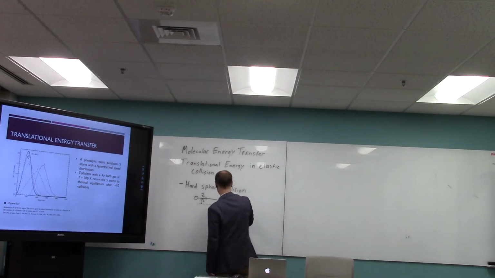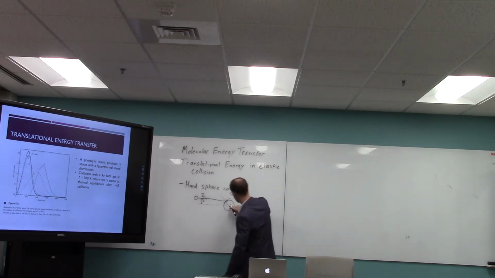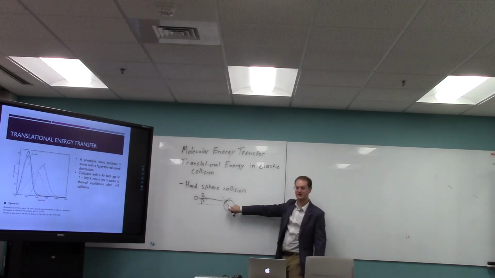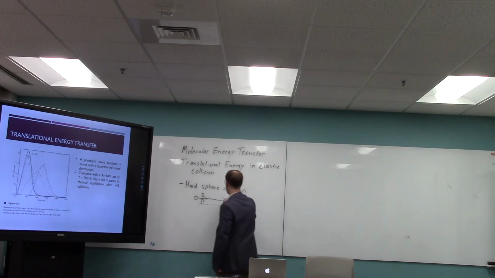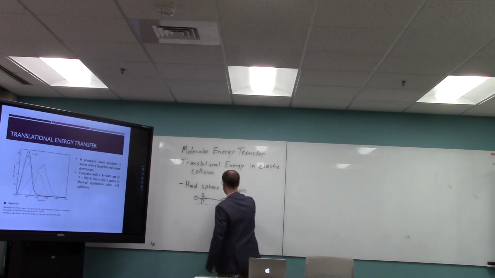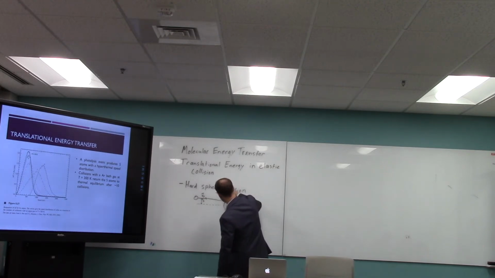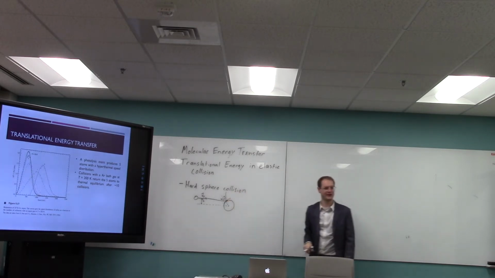If you draw a line from the center of the sphere to the point at which the collision takes place, then this incident angle we'll call alpha. The scattering at the specular angle is also equal to alpha relative to this normal direction.